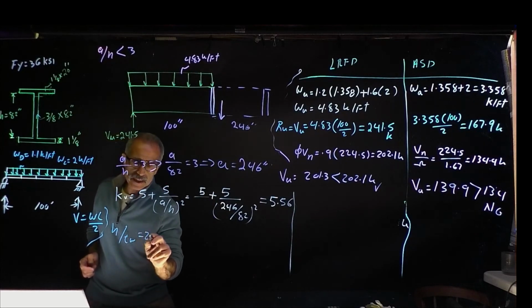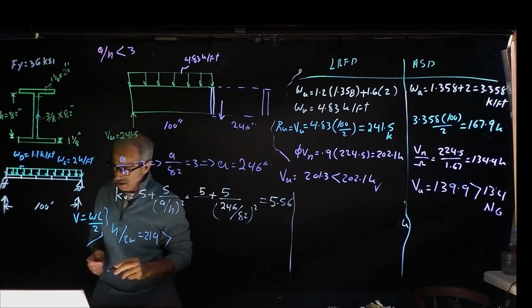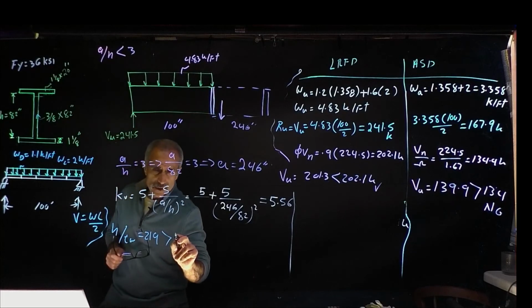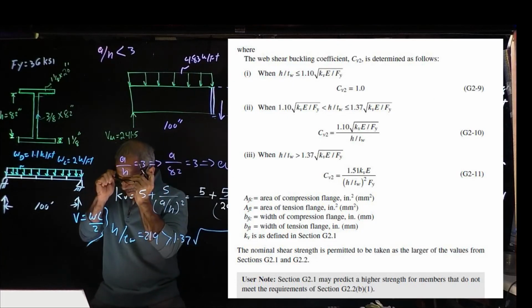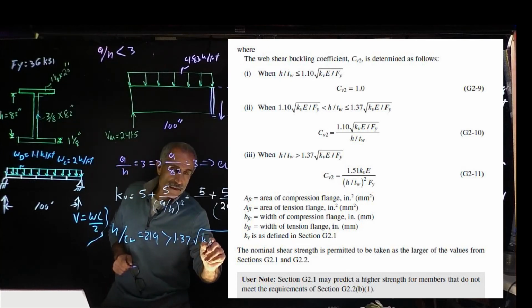And based on the formula, our H divided by TW, which is 219, is it bigger or smaller than 1.37 times square root of KV E divided by FY?